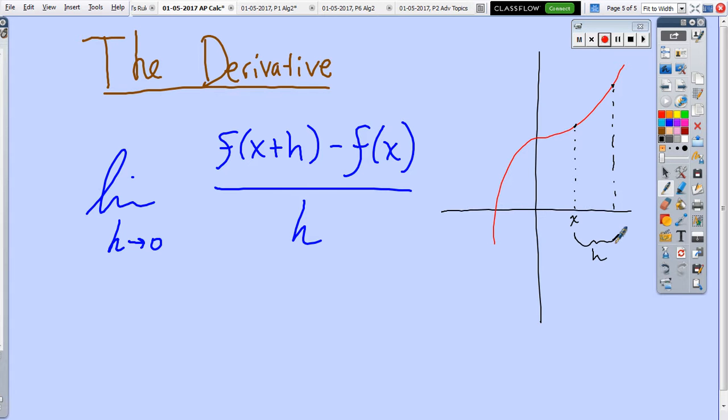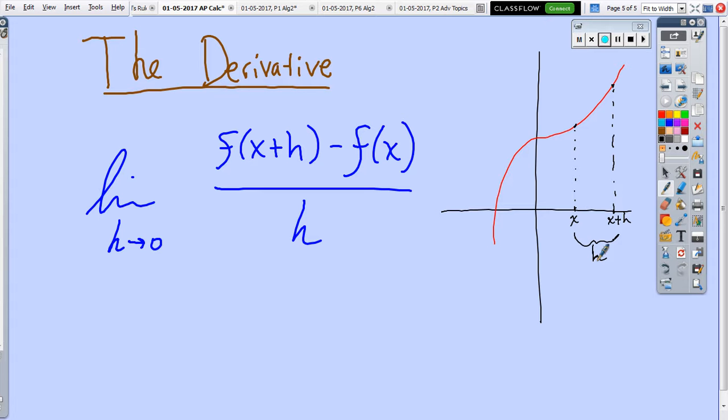So we'll say this point here on the x-axis, we'll call it x. And we'll call this point here on the x-axis x plus h. Therefore, this would be a distance, strictly in the horizontal sense, of h.